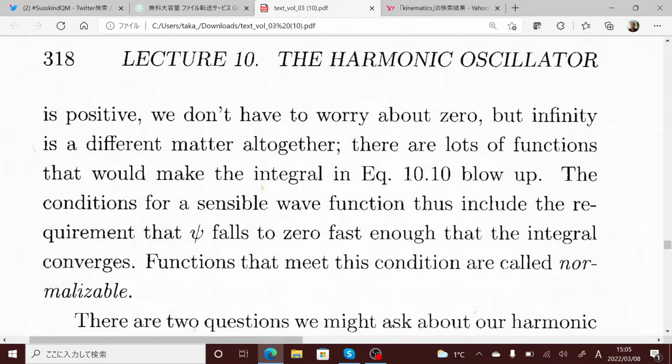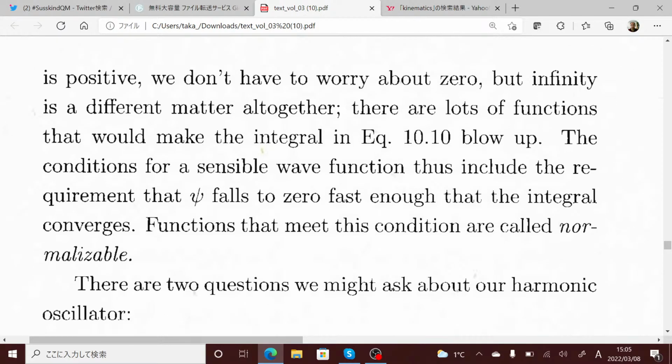There are lots of functions that would make the integral in equation 10.10 blow up.